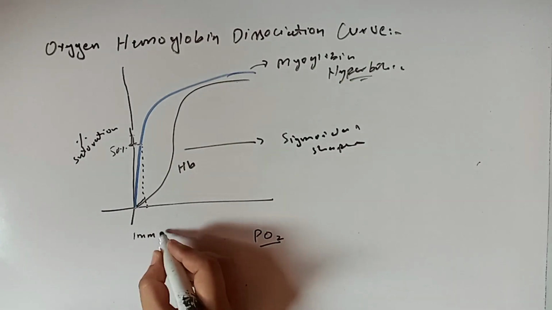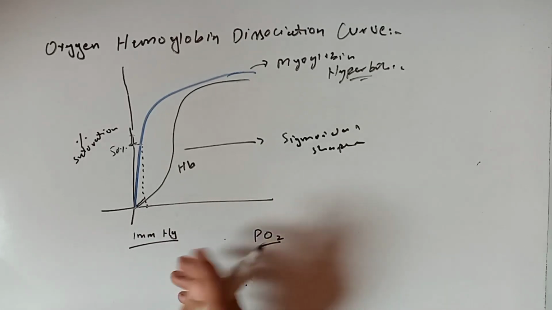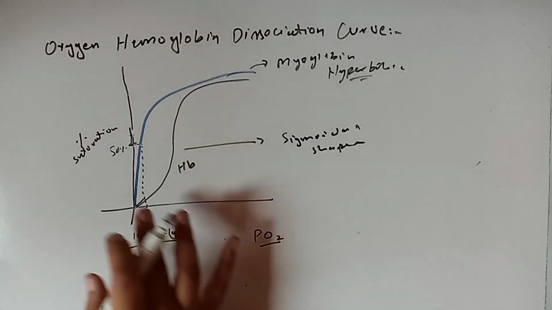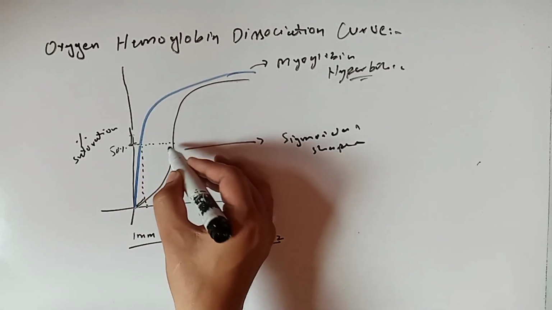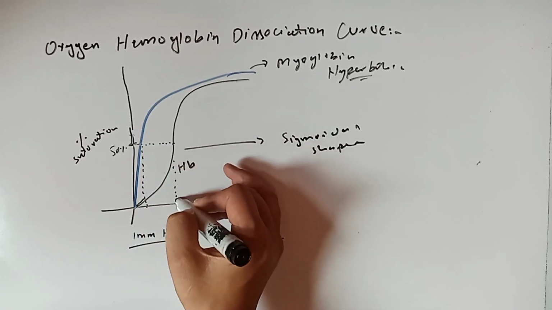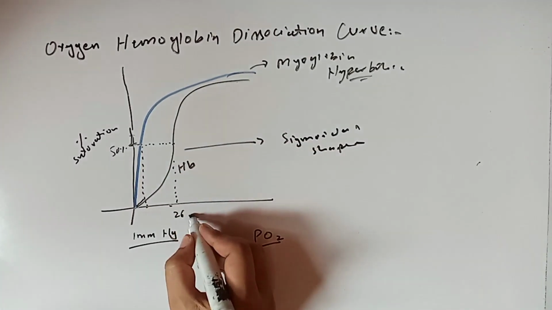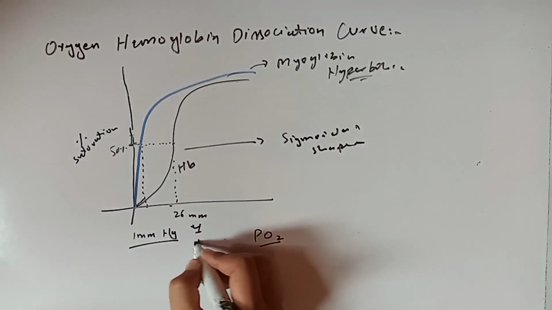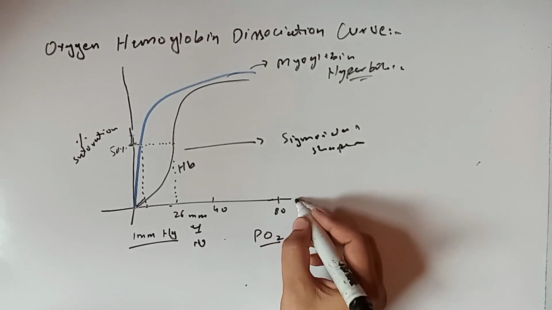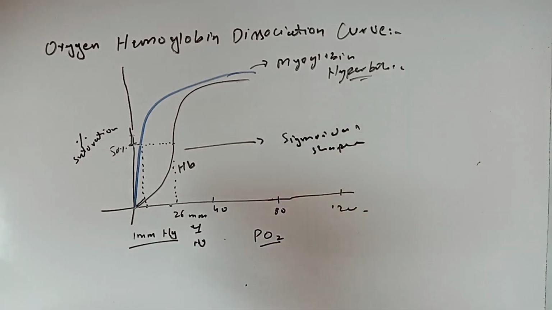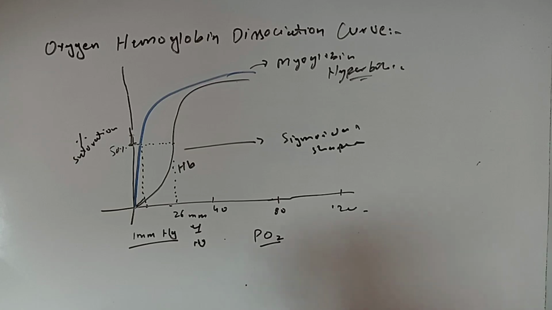At 1 millimeter Hg, myoglobin is 50% saturated, while 50% saturation of hemoglobin occurs later, at a partial pressure of about 26 millimeter Hg. Here is 40 millimeter Hg, then 80, then 120, and so on. So myoglobin is saturated at very low partial pressure of oxygen, while hemoglobin is saturated at a much higher partial pressure of oxygen.